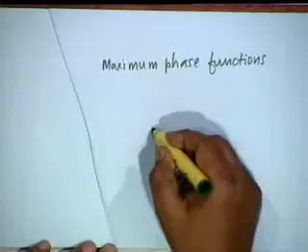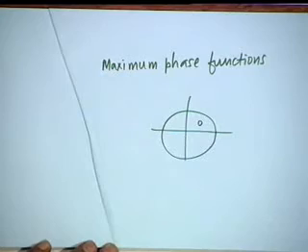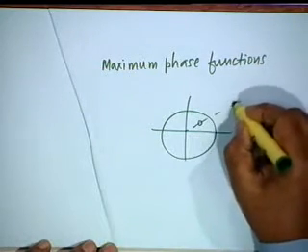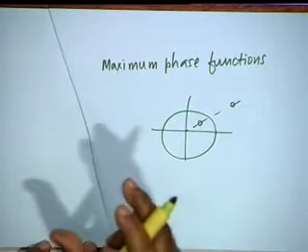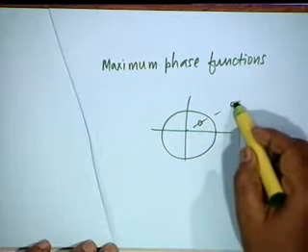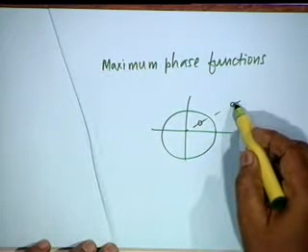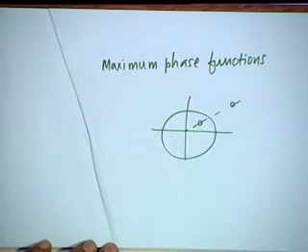The physical interpretation is that if you have a zero somewhere inside the unit circle, and a zero somewhere outside the unit circle at a reciprocal location, then the magnitudes of the corresponding factors are equal, but the phase shift provided by the zero outside the unit circle is greater than provided by the zero inside the unit circle. That is the interpretation. We shall not go into the details of derivation and other things.